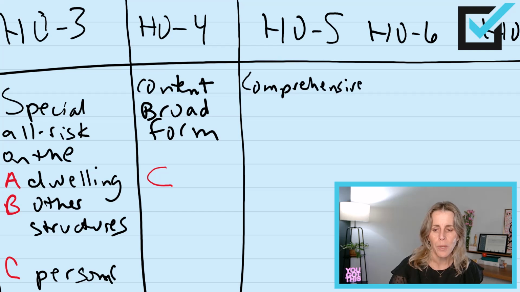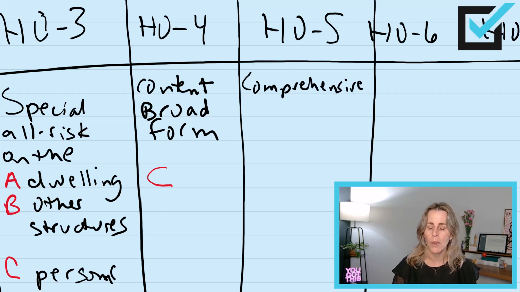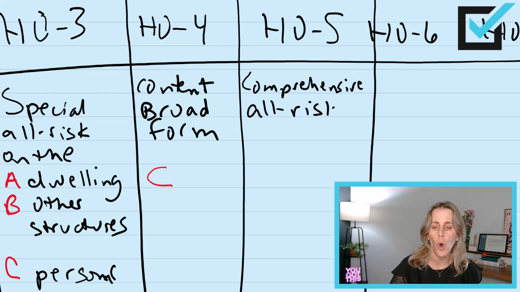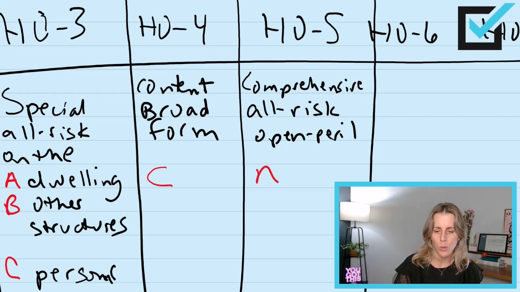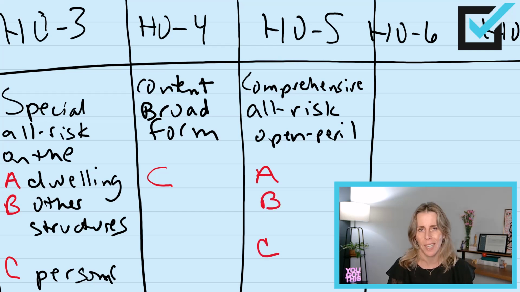The HO5 is the comprehensive form. So the HO3 is the most commonly sold, but the HO5 is the broadest coverage. It is all risk. It is open peril. And you're thinking, but I thought you said that the HO3 was. Well, the HO3 is, but only on the dwelling and other structures. HO5 is all risk on the dwelling, other structures, and on the contents.